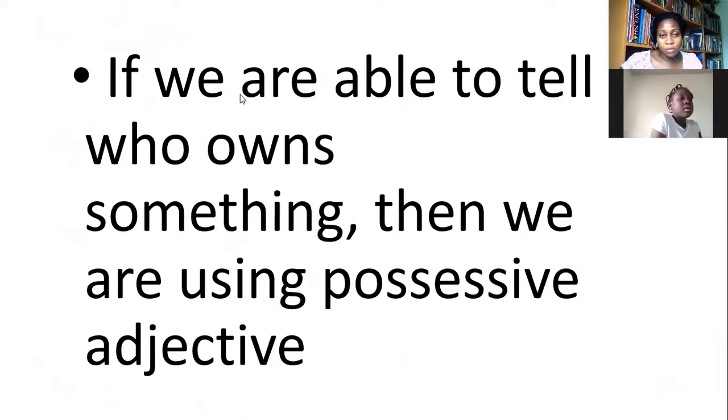I will keep you reading so that you pay attention. Read. If we are able to tell who owns something, then we are using a possessive adjective. Very good. If we are able to tell who owns something, then automatically we are using what? Possessive what? Adjective.